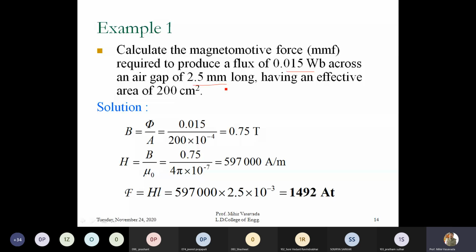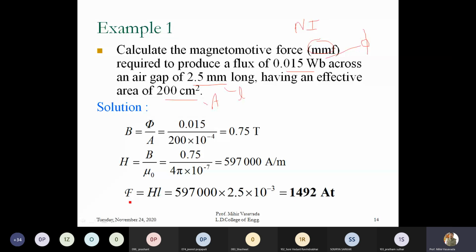So this becomes your L. You should be able to identify the data. This is your phi. To find out MMF, that is Ni. And the area is given. But remember, you have to convert to the same units. So this is given in mm, this is given in centimeter.